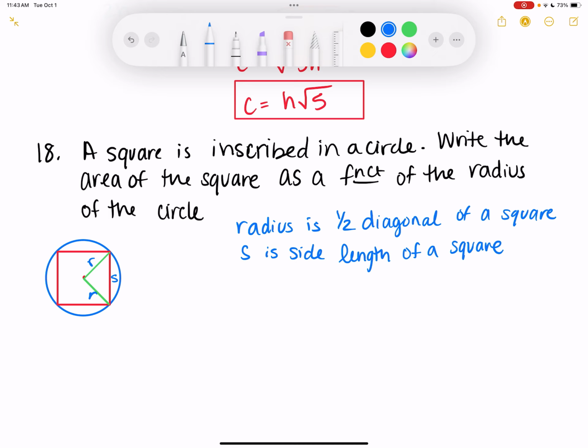This has to be a right triangle, and then the others have to be 45, right? Yes, it would have to be a 45-45-90 triangle, because all of these angles would be 90, so half of them would be 45. And so this is a right triangle. I can use the Pythagorean theorem.